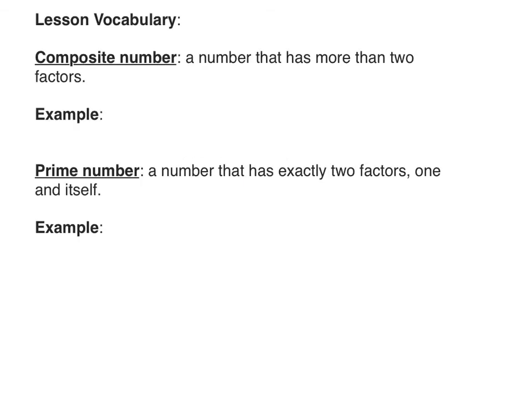We have two vocabulary words. We have the word composite, and a composite number is a number that has more than two factors. So an example of this would be the number 12.